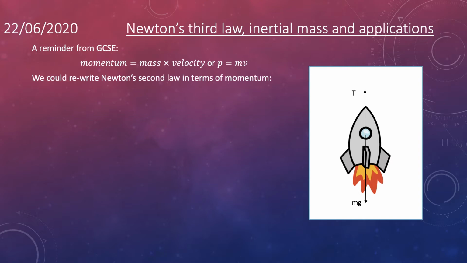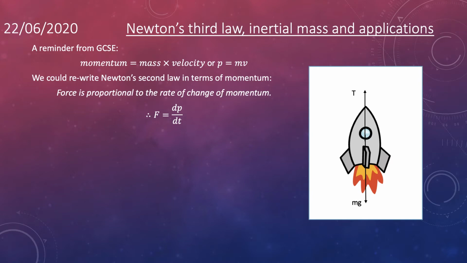So momentum is mass times velocity, and resultant force is mass times acceleration. So all we need is to find out how momentum changes with time, and then we get force is proportional to the rate of change of momentum, how momentum changes with time. So we'd write that as force equals dp divided by dt. dp meaning the change in momentum, dt the change in time.